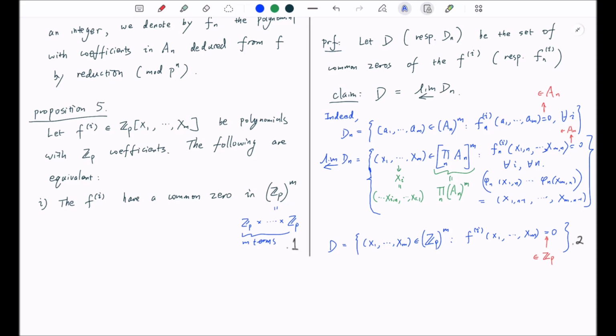And now, let's see why this condition for any i, any n is equivalent to this condition. I forgot to add that this is for any i. Given a fixed i, why is this true for all n equal to this?